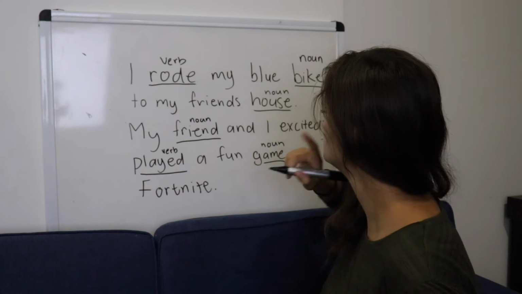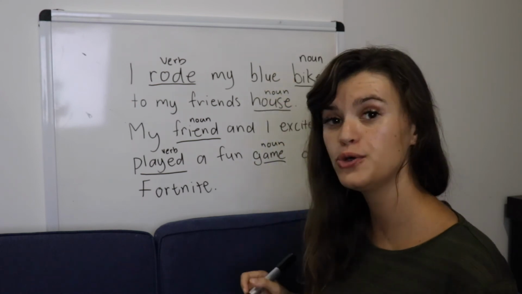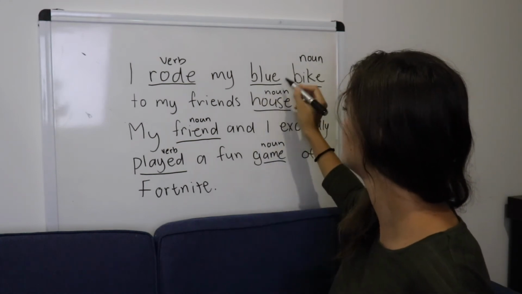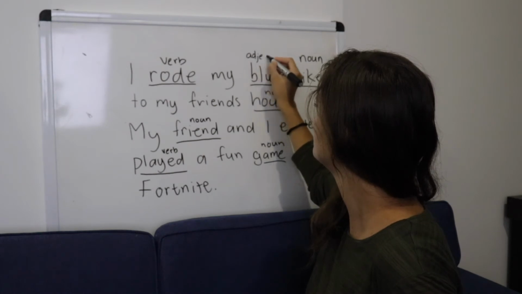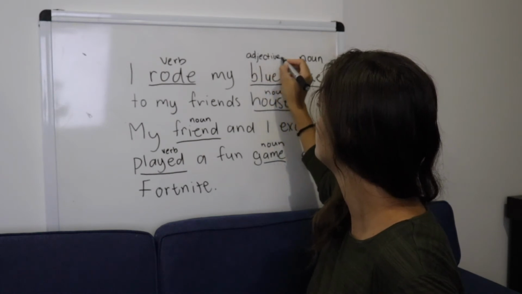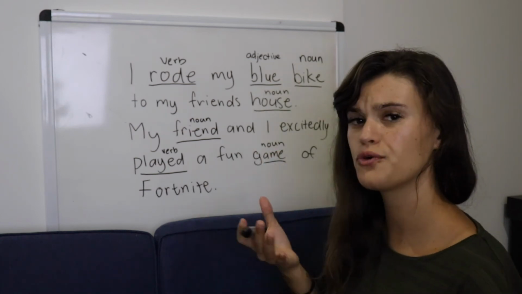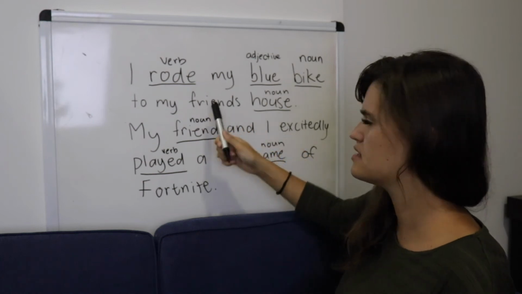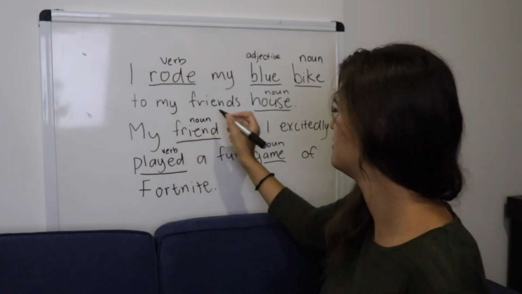Let's look. Blue, because it describes the noun. Adjective. Let's look for another noun. House. It's the friend's house, so that describes the noun.